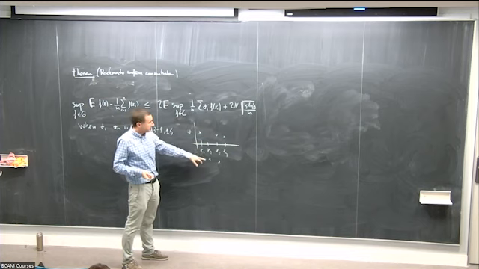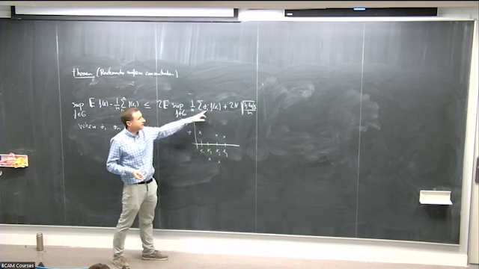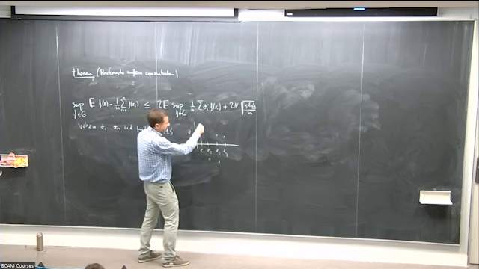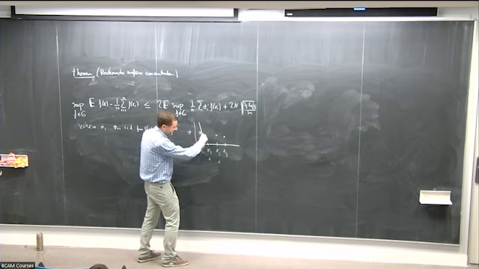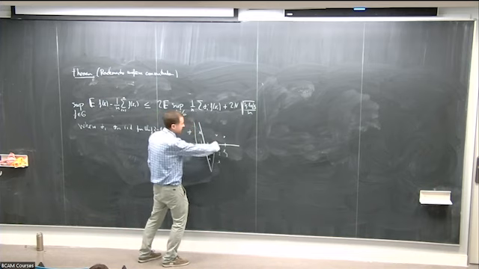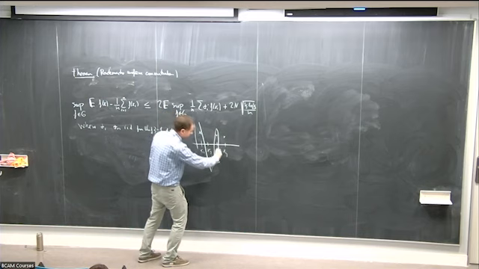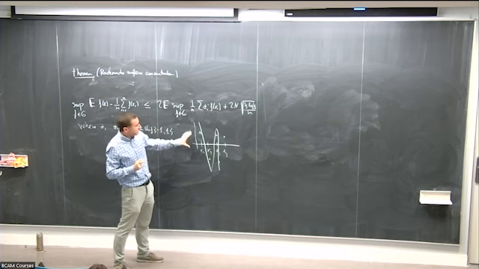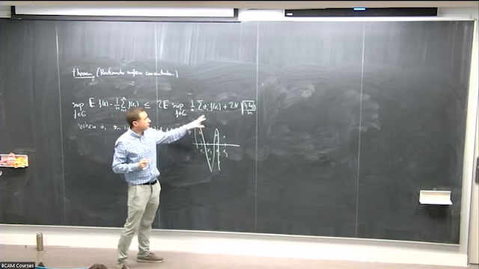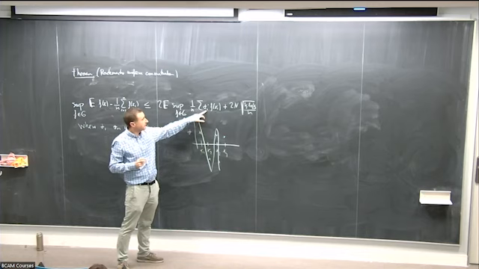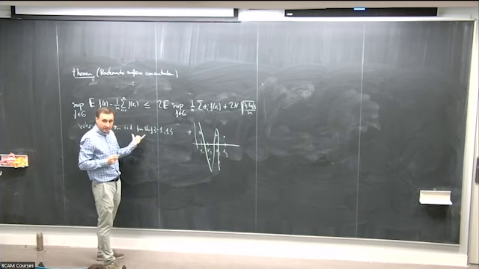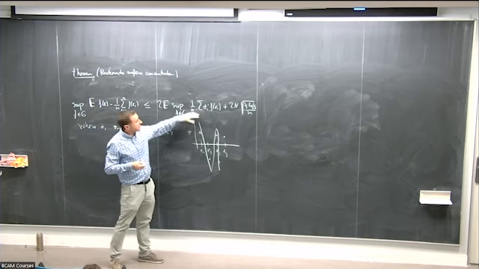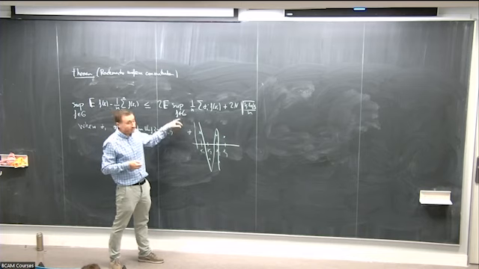If no matter what random signs I put here, I can always find a function in my set that is very positive here, then very negative, then positive, and then negative again, that is, I can always find a function that follows the pattern of the signs, and these are generated randomly, that's why this quantity describes the complexity of my set of functions.